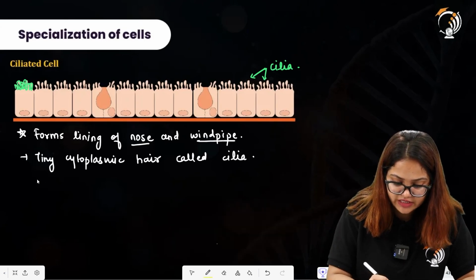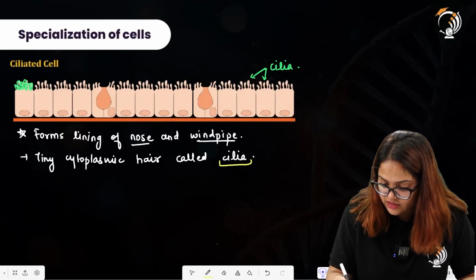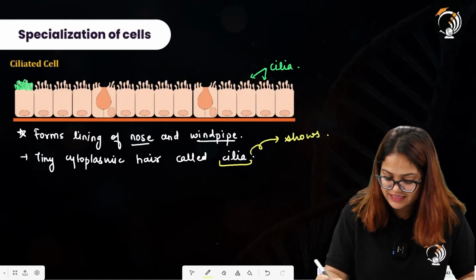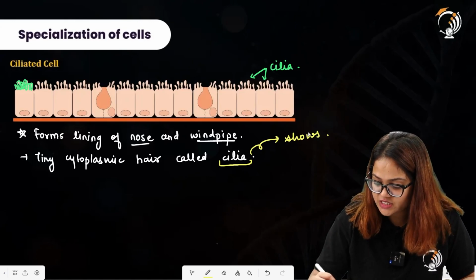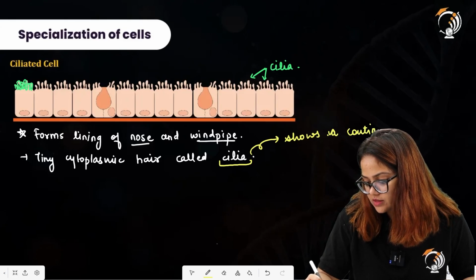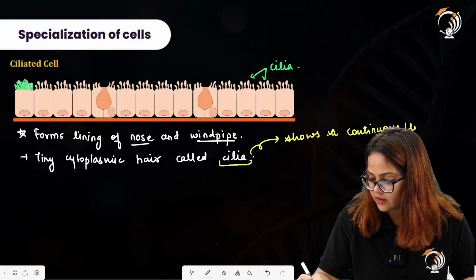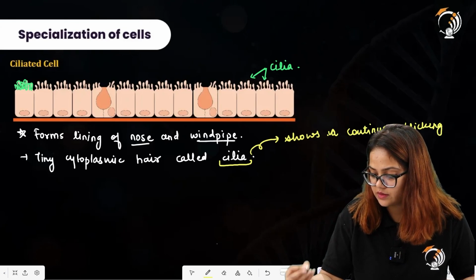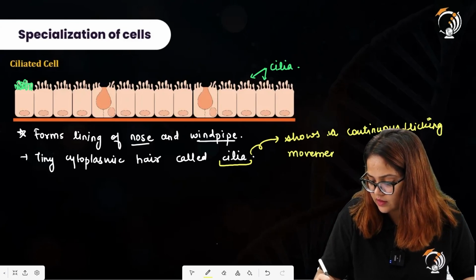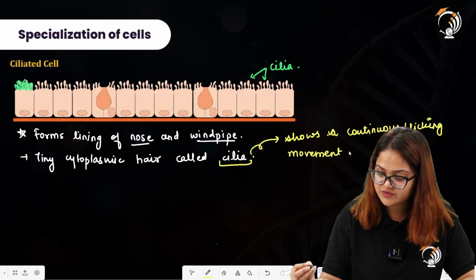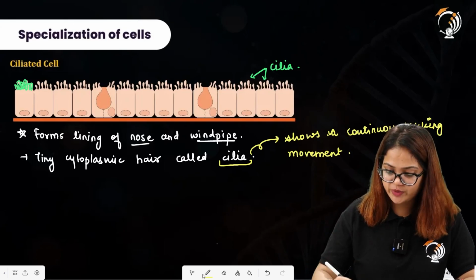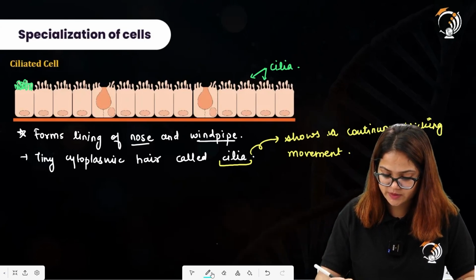Then you have another feature, that the cilia show a continuous flicking movement. And what do we mean by the continuous flicking movement? They are able to create a stream of fluid. All right, we will write about it as well.